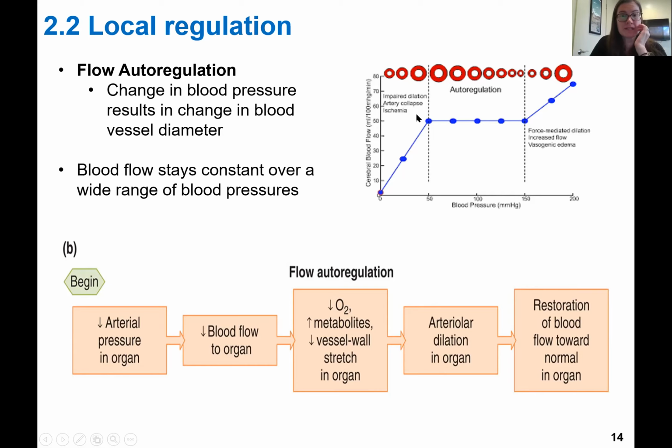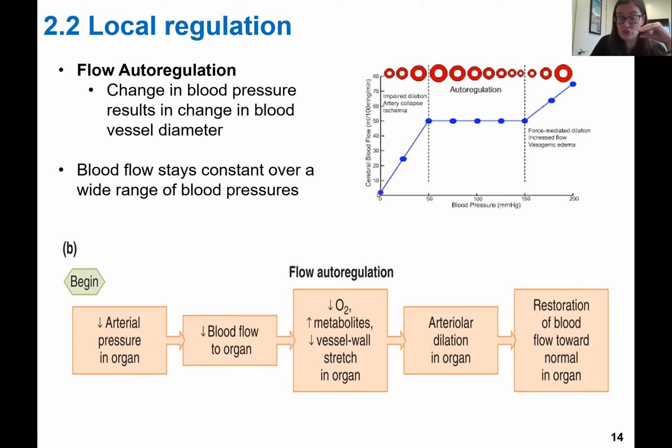And all of this keeps the flow constant. So the amount of blood that's actually getting to the neural tissue stays the same across a huge range of blood pressures until you get super high. And then the force of the blood itself pushing on those vessel walls overcomes the ability of the muscles to push against it.